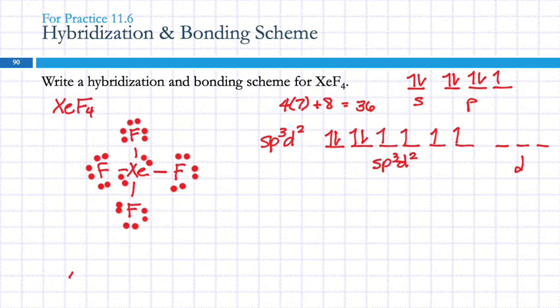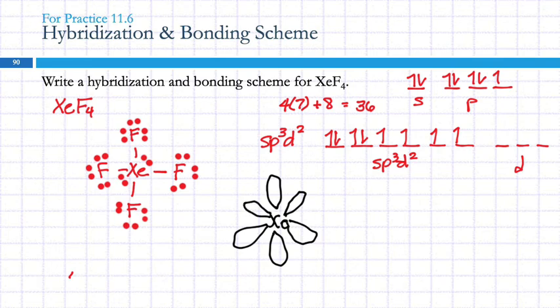So drawing this, which, other than the worksheet, I'm not going to make you do. Here's my xenon. I've got 6 balloons. One is up and down, there's 2 of them, and then there's one going back and one coming out at me. This one's coming out at me, and that one's kind of going back. Kind of get the idea?